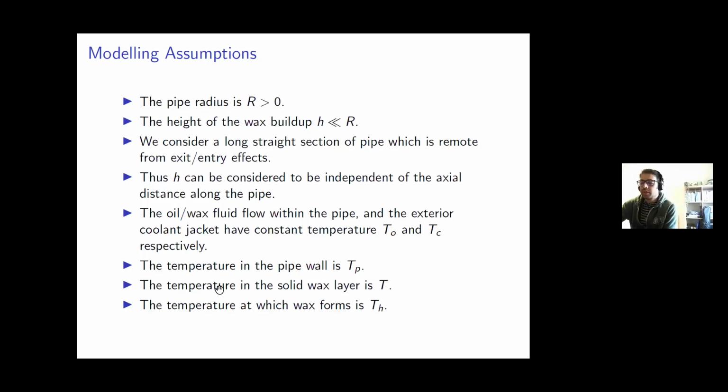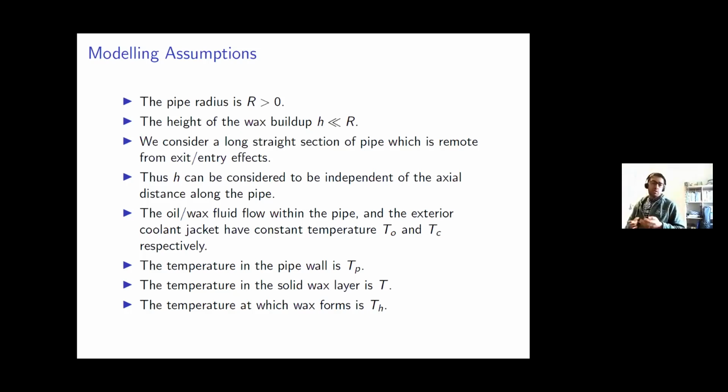We also denote the temperature in the solid wax layer, that is the solid wax layer between the pipe and the hot fluid flow, to be T. And we denote the temperature at which wax forms, that is the solidification temperature at which the wax converts from liquid state to solid state, to be TH.